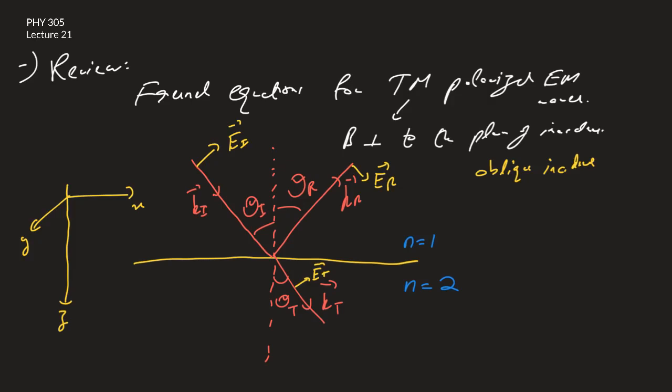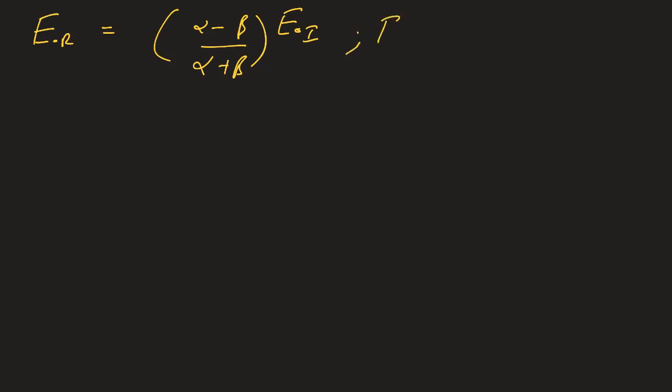Given this scenario, we found that E naught reflected is equal to some factor alpha minus beta over alpha plus beta times E naught incident. And similarly, we found that E naught transmitted is equal to 2 over alpha plus beta times E naught incident.